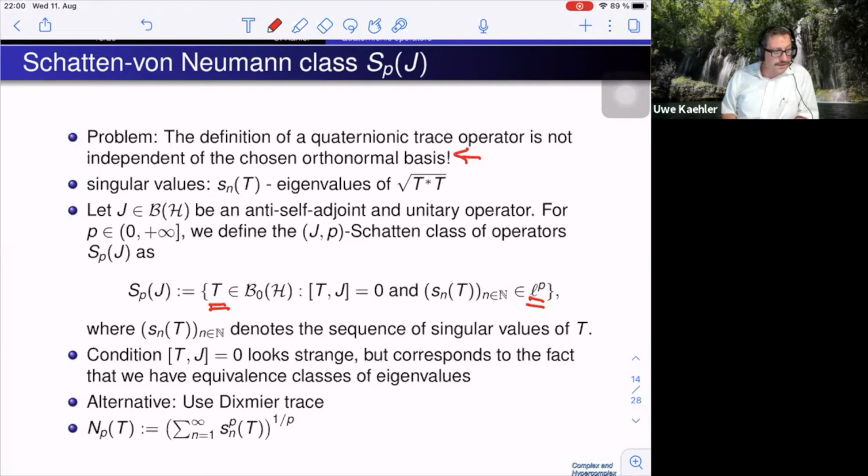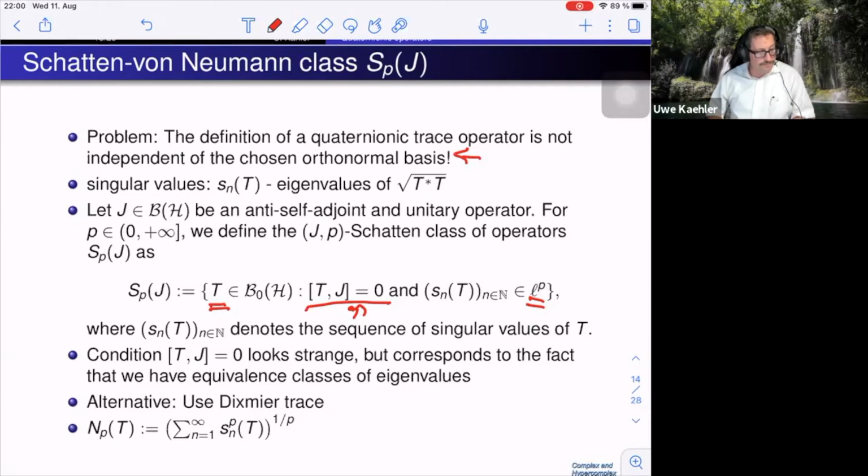But here you additionally have one condition appearing, which comes from the fact that your singular values, or your eigenvalues of the operators, are spheres. In a certain sense, you can see that as choosing the representative on your sphere. So you have a sphere, and J basically fixes what representative you choose.